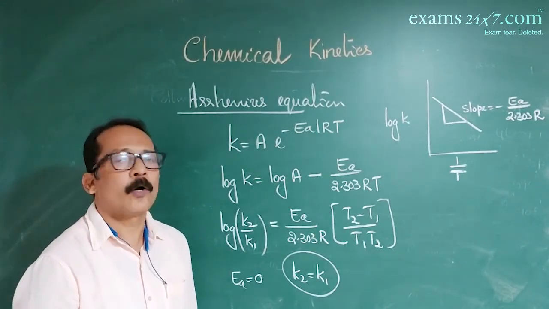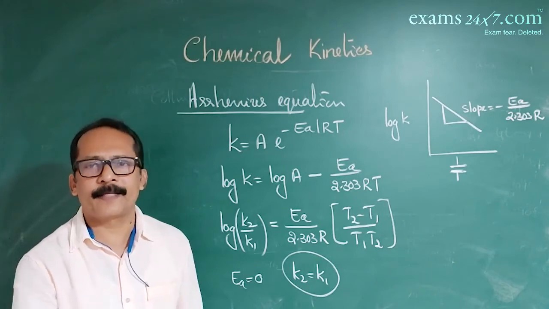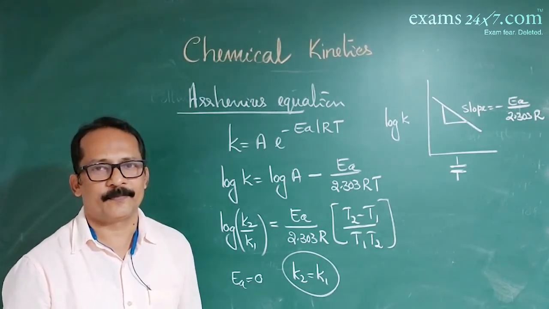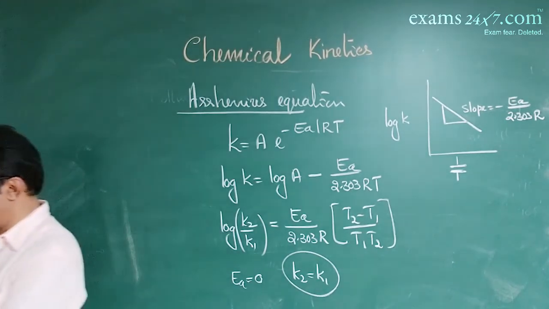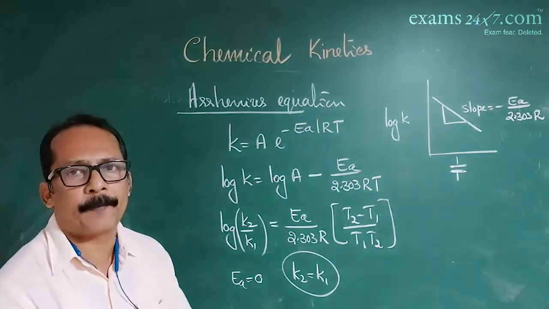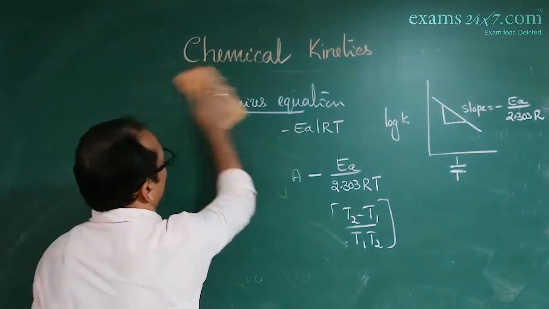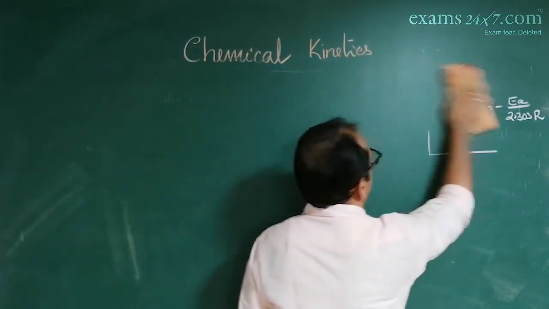Last, about the collision frequency, based on the collision theory. Collision frequency is nothing but the number of collisions taking place per unit volume of the reaction mixture. That's called collision frequency.